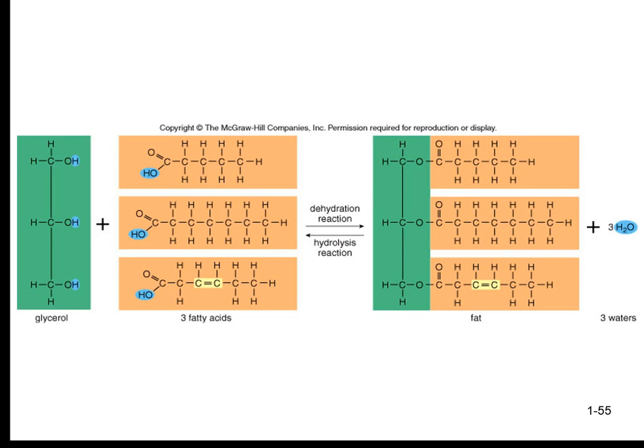Now, what happens is we have these 3 fatty acids: chain 1, chain 2, chain 3. Then we have a molecule that is known as glycerol. This molecule has these 3 OH, as you can see here. The fatty acids also has OH.